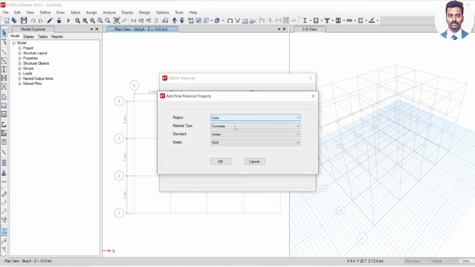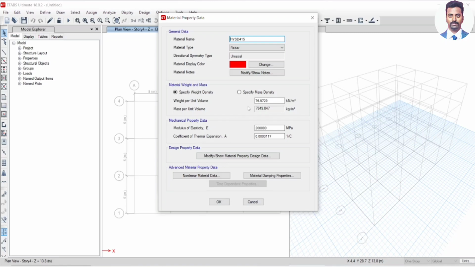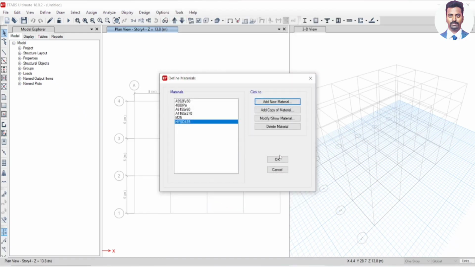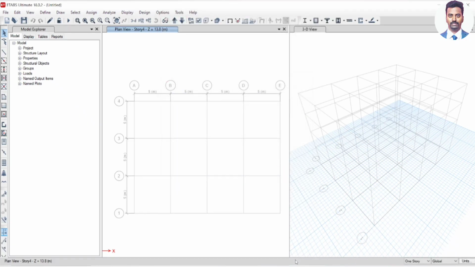Then let us add a rebar, TS415 grade. For this also we shall provide the density as 0. So we have assigned both of them.